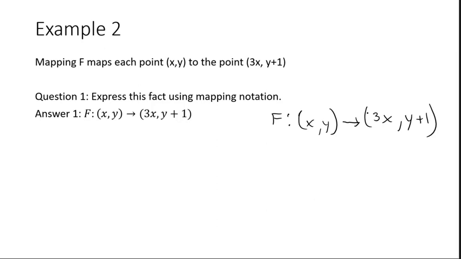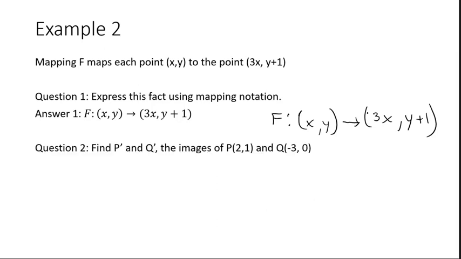Now from here, our second question is we want to find P prime and Q prime, which are the images of points P and Q. So to do this, we have points P and Q. Those are our pre-images. So that is what we're plugging in here into our pre-image. We're trying to see what do we get back out.